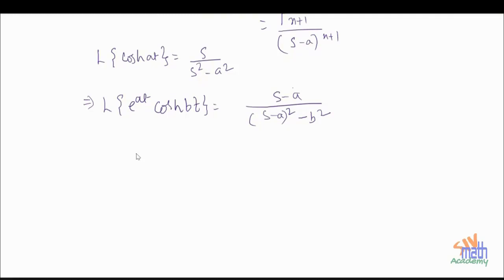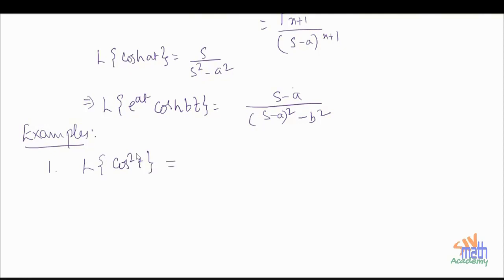I'll get back to the second shifting theorem a little later, and a few examples I would like to discuss. So examples based on whatever I have covered so far. Coming to example number 1, find the Laplace transform of cos square t.